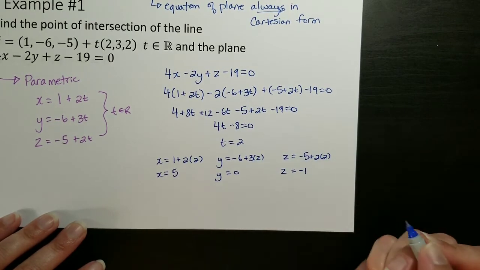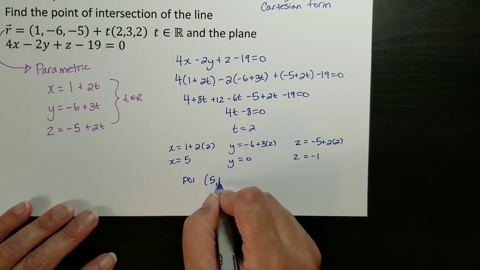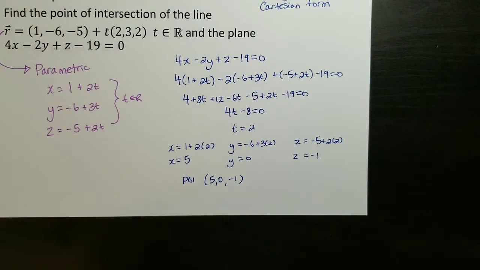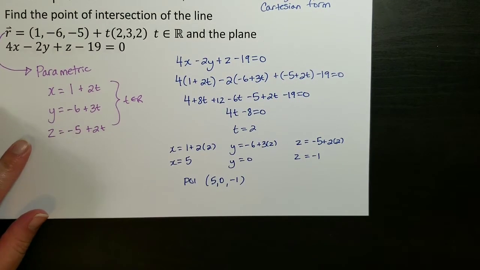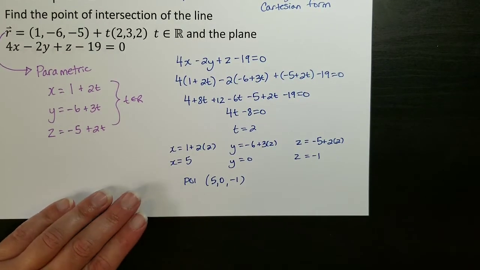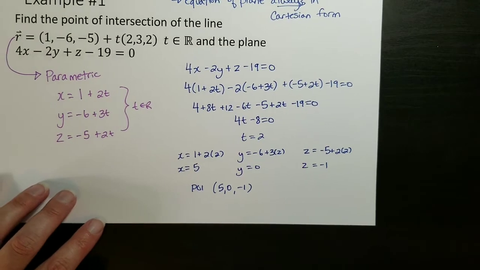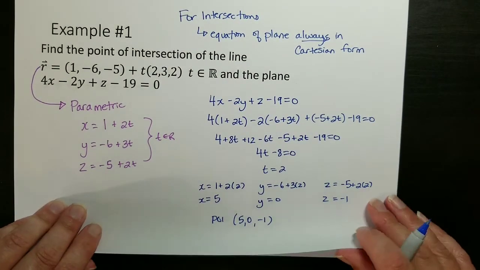Z is negative 1. So the point of intersection is 5, 0, negative 1. So none of the math is particularly tricky. It's just a matter of thinking about what this intersection means and how we solve for intersections, and then also being able to convert between the different forms of the equations of lines and planes. So that's example number 1.